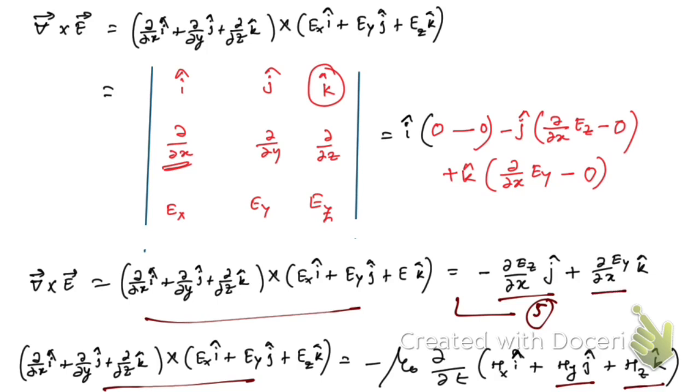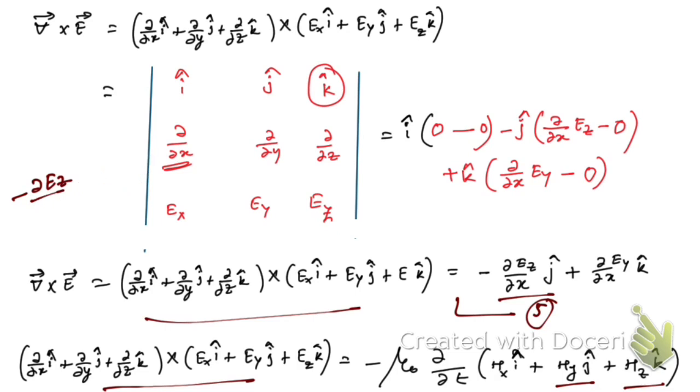So from these two equations, equation number 5 and 4, we're going to have minus del Ez by del x is equal to minus mu naught del del t of Hy. That's what we're going to have, right?